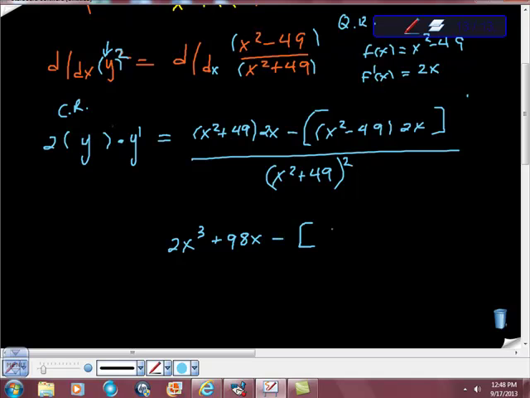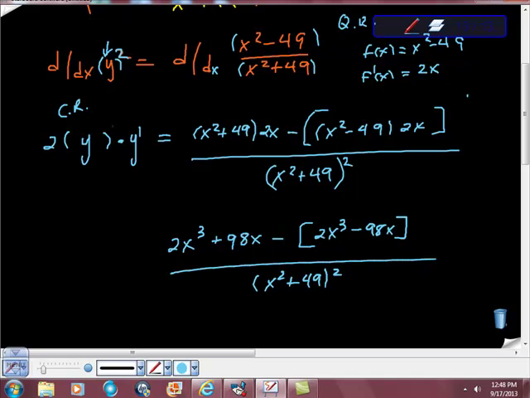Minus 2x cubed minus 98x, all over this thing at the bottom, x squared plus 49 squared. Look, if I distribute this negative sign through and simplify, I also have to remember that I still have this 2y times y prime.